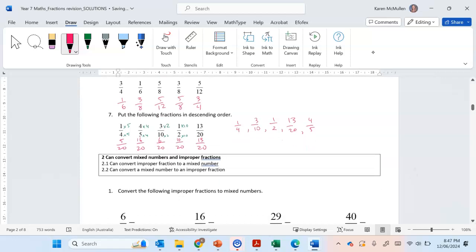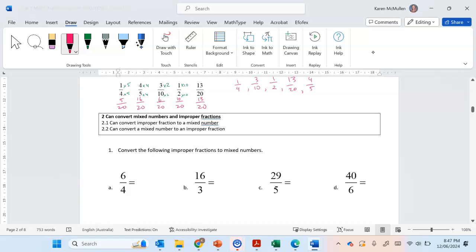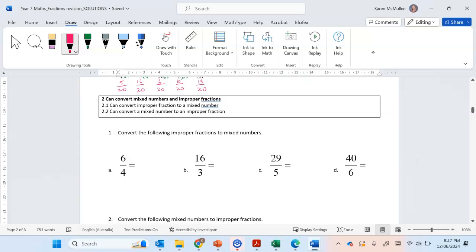All right, so moving on to the second success criteria. So can convert mixed numbers and improper fractions. All right, so remember that 6/4 is the same as 6 divided by 4. As you move through maths in secondary school, you won't use the division symbol anymore. You'll be using fractions.